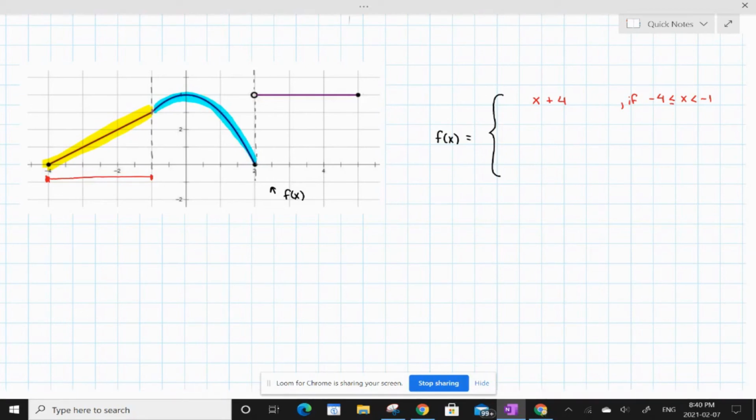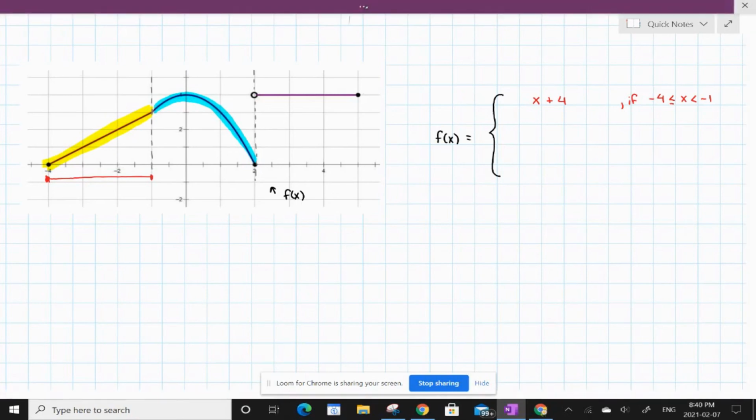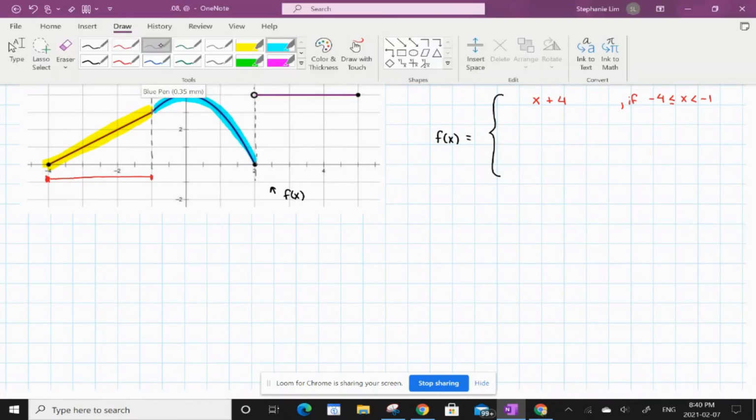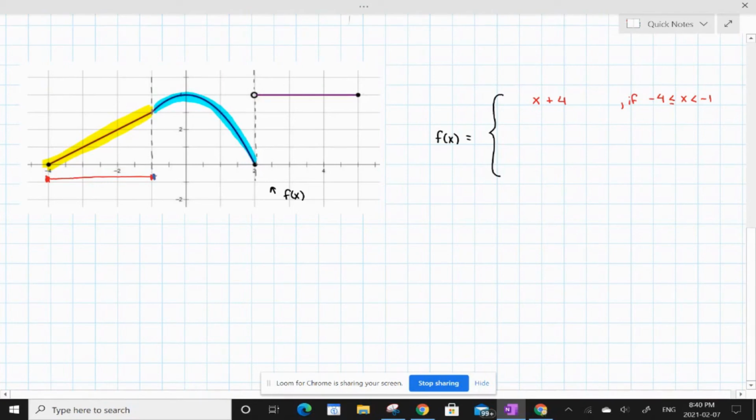So in this case, we are dealing with between -1 all the way to 2. Now notice here at x equals 2, we've got this space in between one piece and the other piece. This is the part you're going to have to be very, very mindful about: which part has the closed dot. In this particular case, the portion that I'm looking at actually has the closed dot, which means that x equals 2 is part of this particular piece.